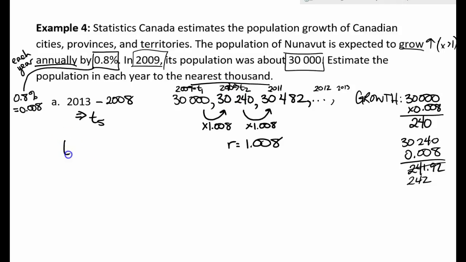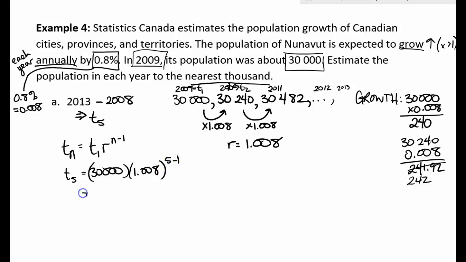So if we know that, now we're able to just use our formula. Any term is equal to our first term multiplied by our common ratio to the power of n minus 1. In this case, we're trying to figure out term 5. We're going to do that by going from 30,000 multiplied by 1.008 to the power of 5 minus 1.